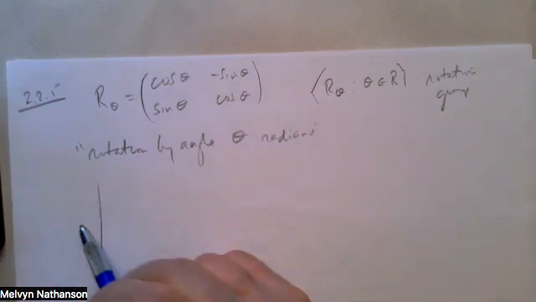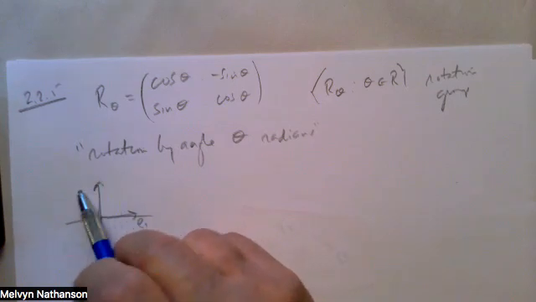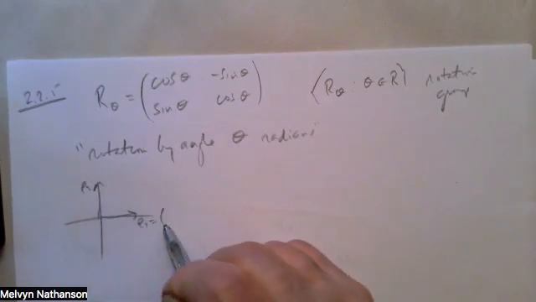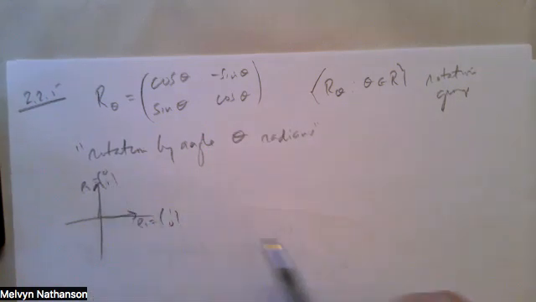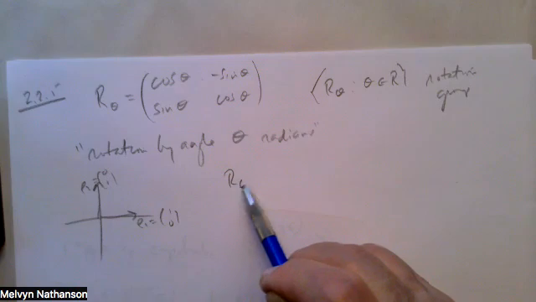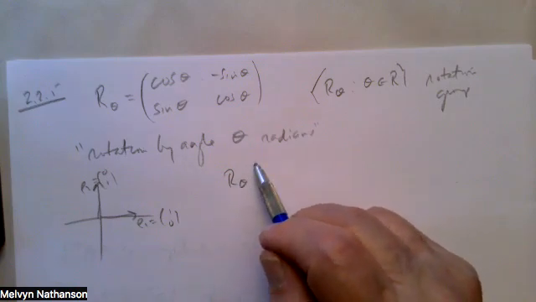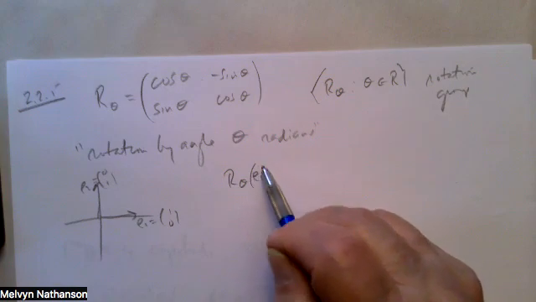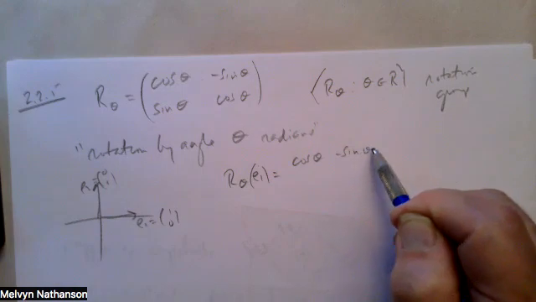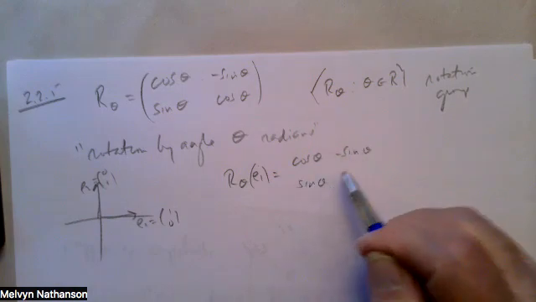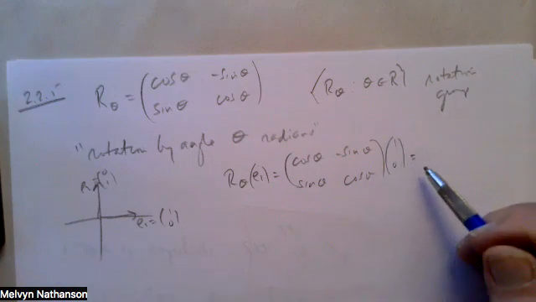so here's the plane, and we have the unit vector E1 and the unit vector E2. E1 is 1, 0, E2 is 0, 1. So what does R theta apply to E1? That's cosine theta minus sine theta, sine theta cosine theta, applied to the vector 1, 0.